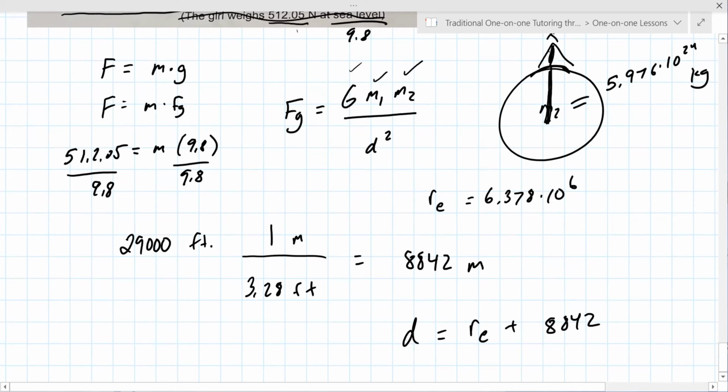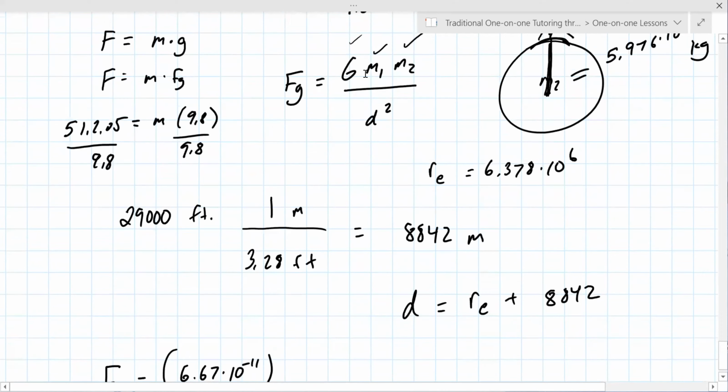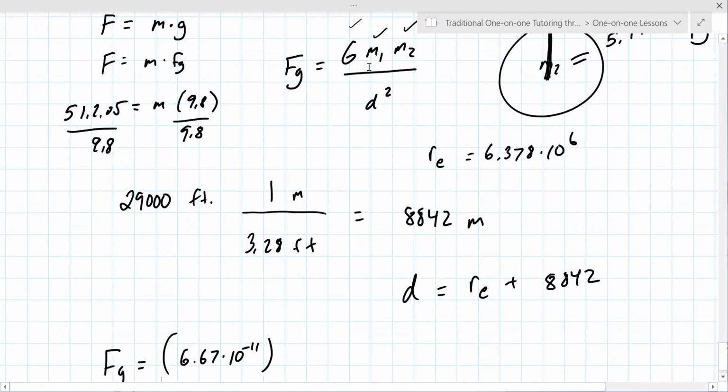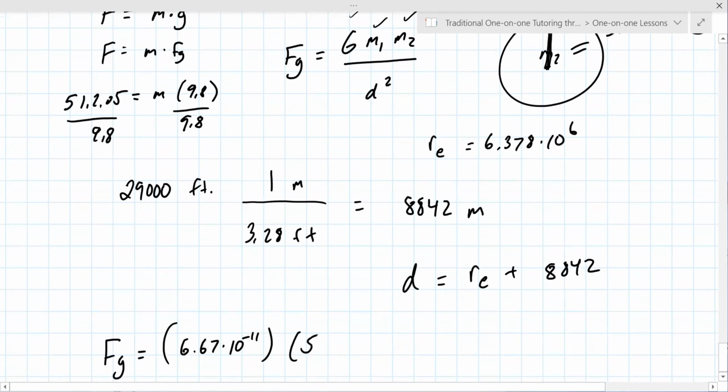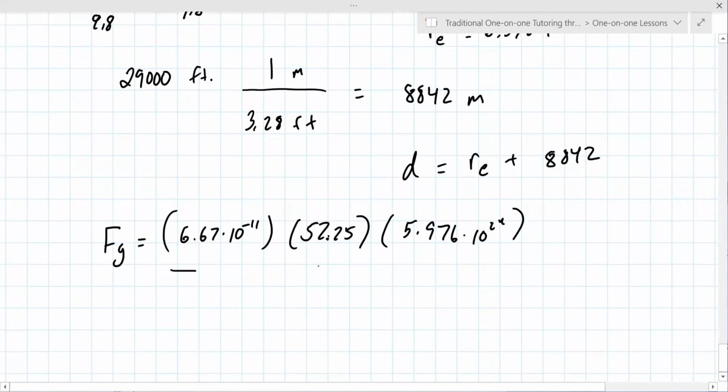So we have all the quantities we need. We can find Fg. Fg is 6.67 times 10 to the minus 11. That's the G value, the G value up here. Mass 1 is the climber, 52.25. The mass of the Earth, we have to know that value, 5.976 times 10 to the 24th, all over the distance between the two objects.